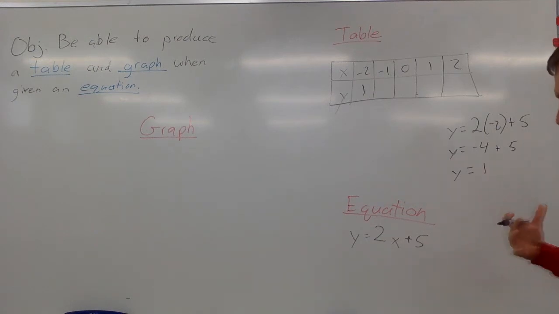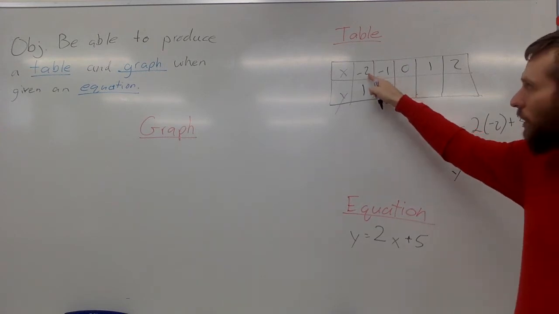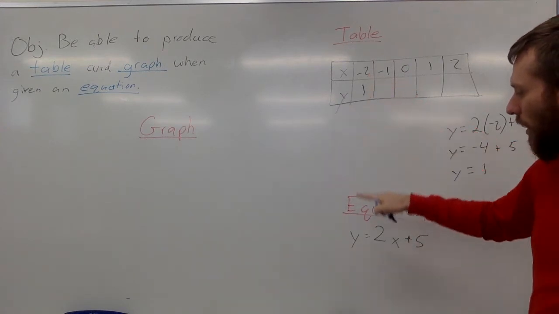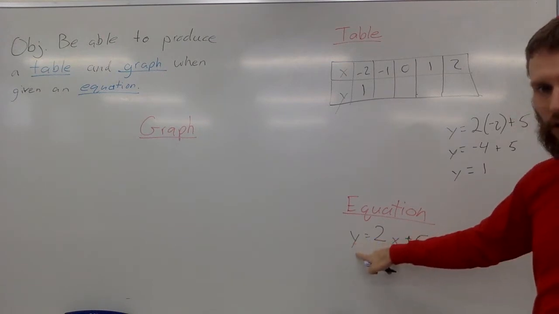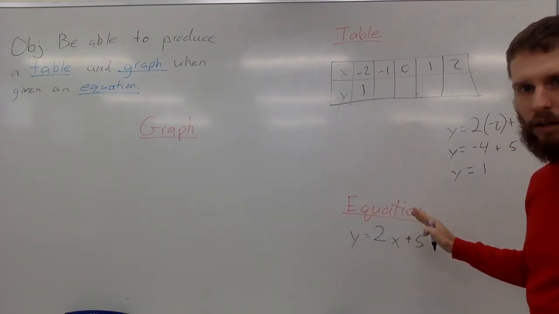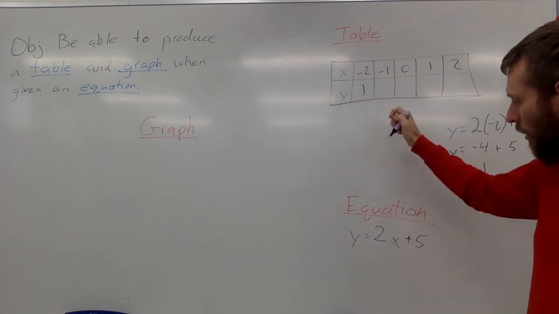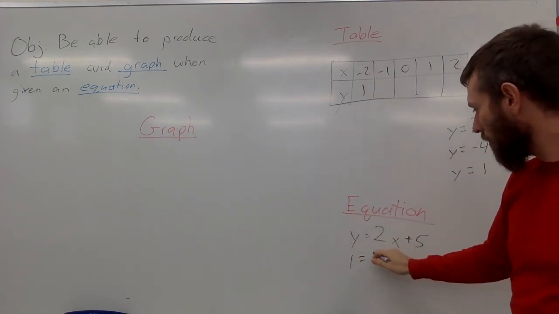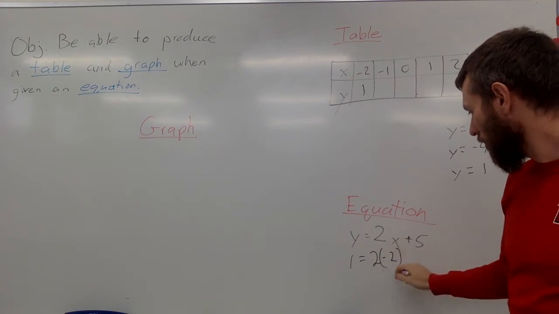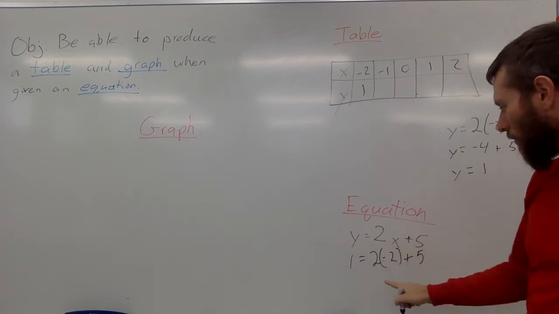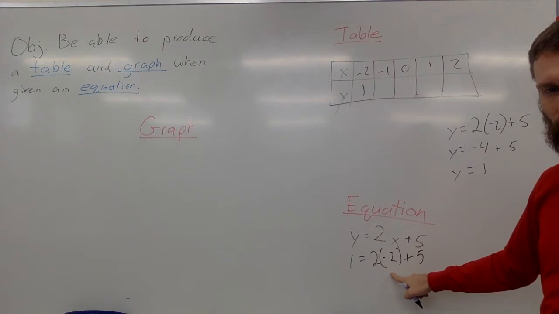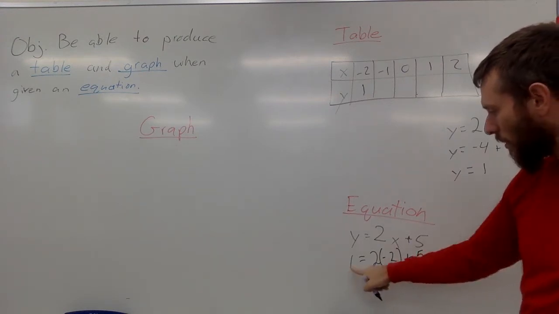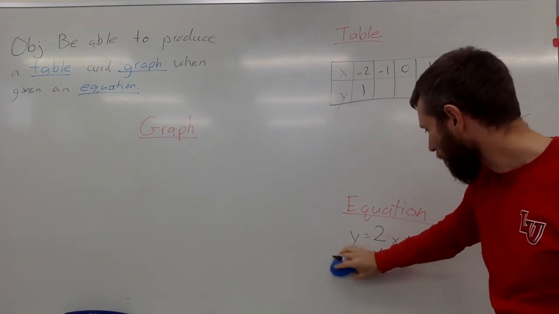Now, if you want to double check that, plug in -2 for x and 1 for y. If you solve that, the left side and the right side of your equation should be equal. -2 times -2 is -4, plus 5 is 1, and 1 is over here. 1 equals 1. That's true.